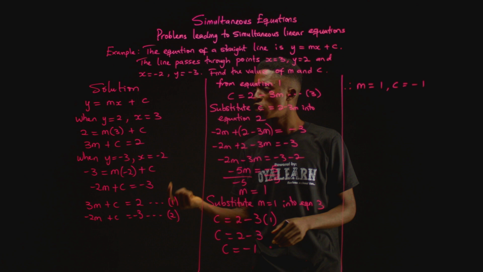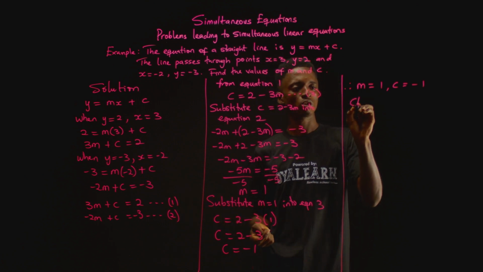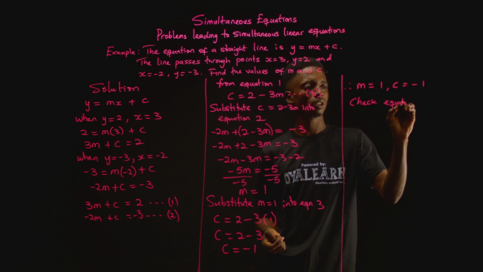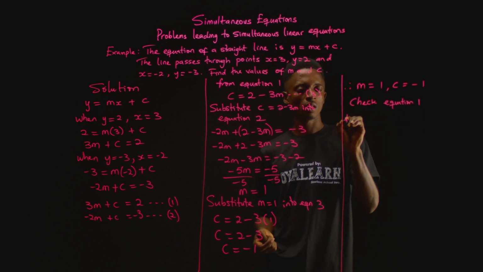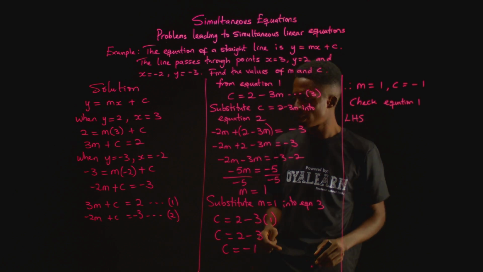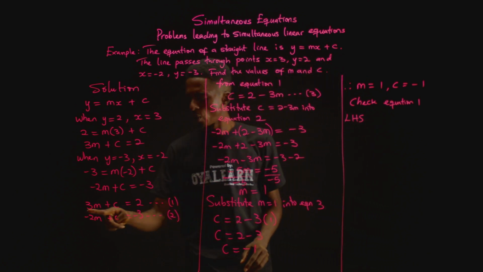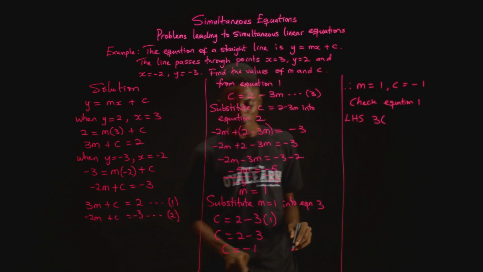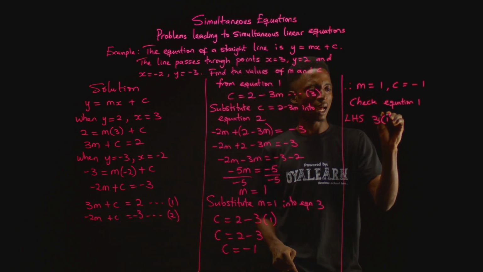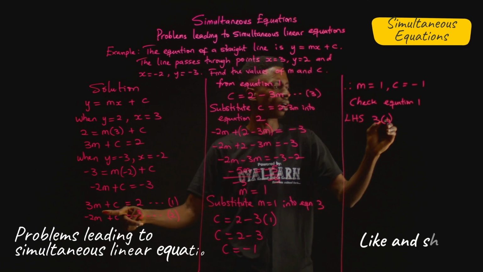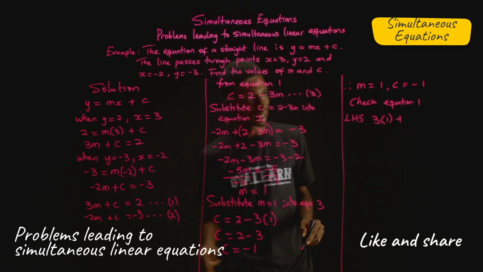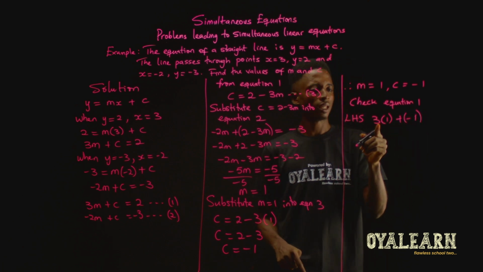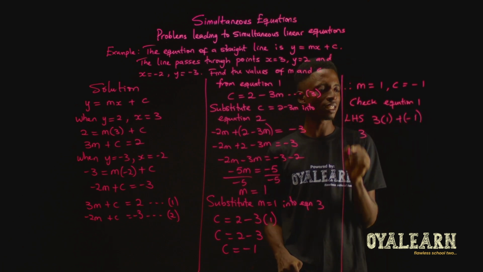We can then go on to check with any of the equations. So let's check using equation 1. For the left hand side, in equation 1, we have 3 into m, and the value of m is 1, then plus c, and the value of c is minus 1. 3 multiplied by 1 gives us 3.